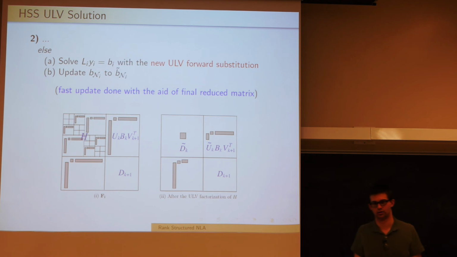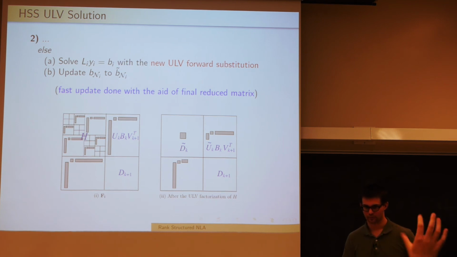And then you apply HSS ULV to each level's Schur complement. Yes, exactly. And you're describing the solution step with respect to the dissected, factorized HSS ULV. Yes. So you already have the ULV factorization with Schur at the top level Schur.